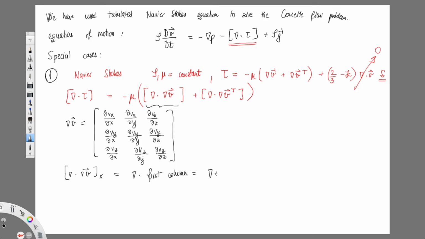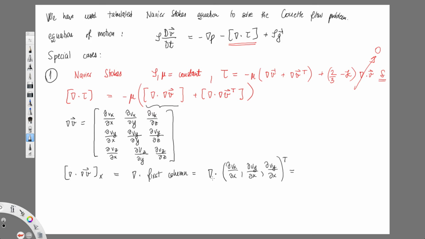So it's the divergence of partial Vx, partial x. I'm just going to write it as a row vector. I can put a transpose to say it's a column, but it doesn't matter, for divergence works equally well on a row vector or a column vector. Right?